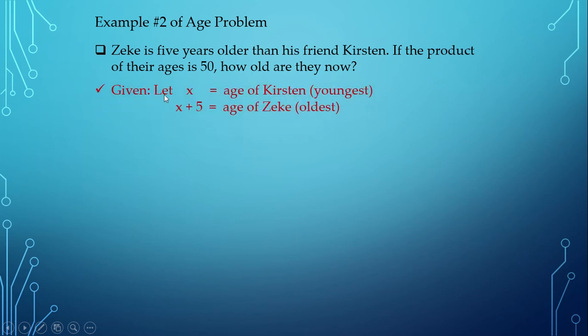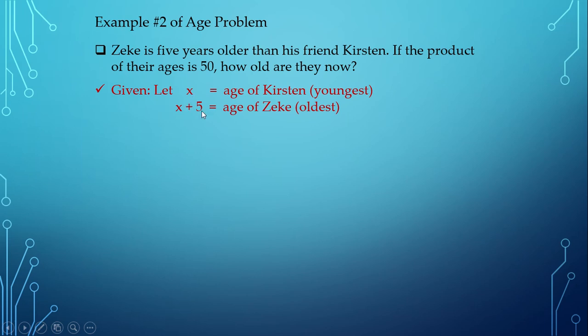Given, we will let x be the age of Christine since Christine is the youngest. Pero i-state nga ang edad ni Zeki is 5 years older, so labaw ra og 5 sa edad ni Christine. So if Christine is represented by x, ang iyang edad kay x. So edad ni Zeki, to represent the age of Zeki as the oldest, we will simply add 5 to the age of Christine, which is x.